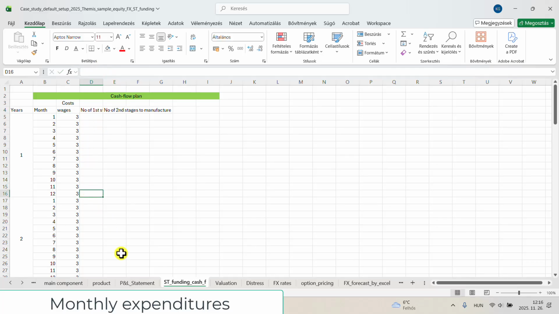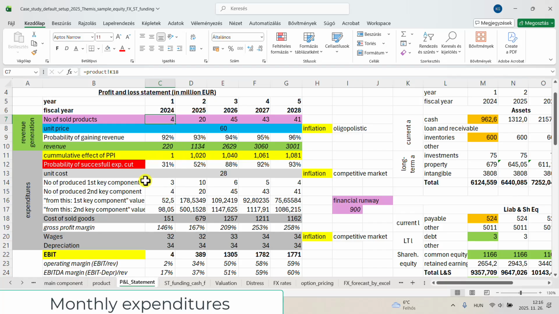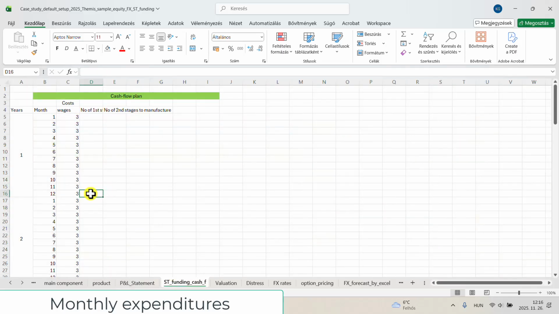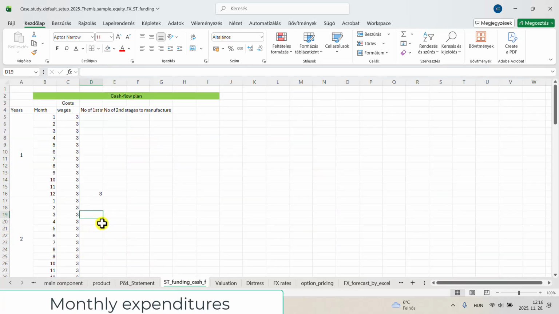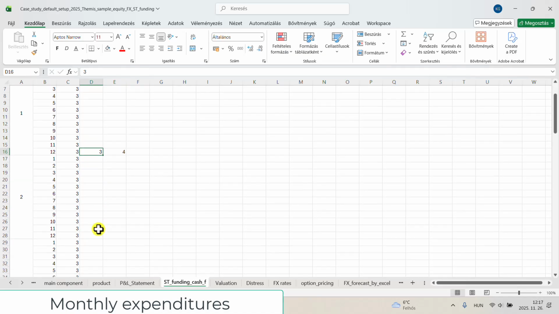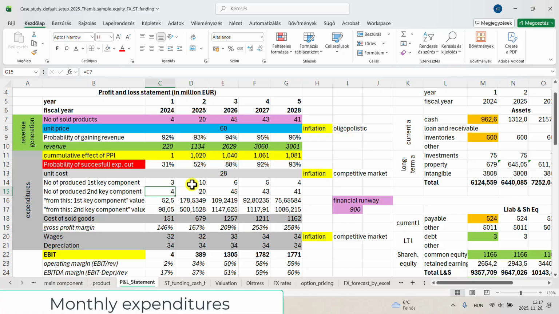So in the first year, we know that we have these numbers here. So at the end of the year, we have to provide 3 first stages and 4 second stages. So hopefully we can recover 1 first stage already, based on the probabilities of launching and success and so on.